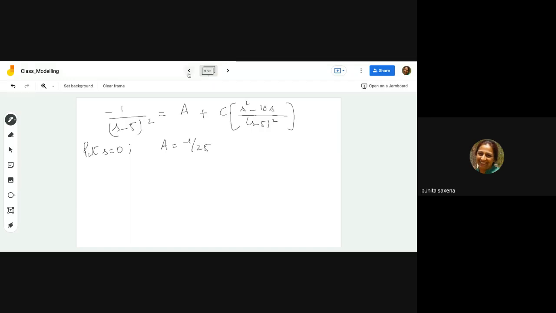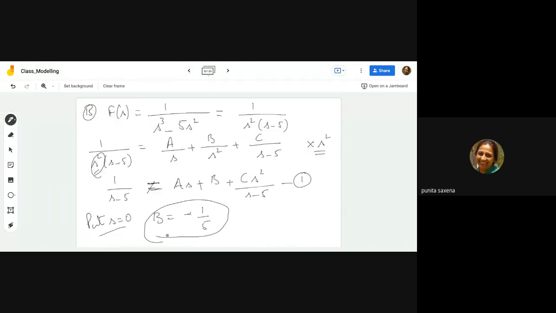So we have obtained A, we have obtained B. Now what is left? C. If I look at this term again, we multiplied it by s square to get rid of s square. Now I have s minus 5, so I can multiply both sides by s minus 5.